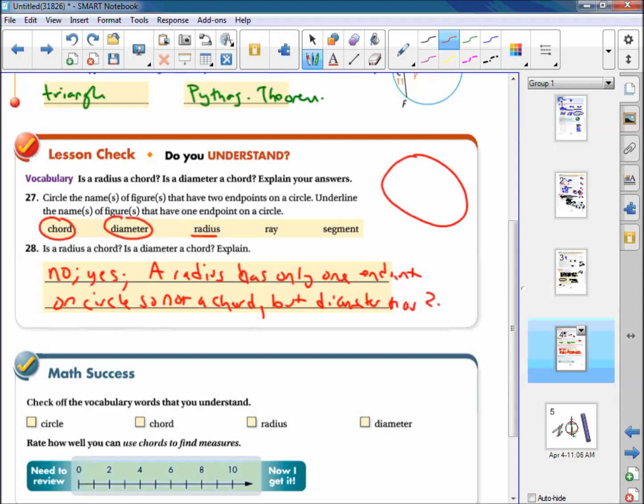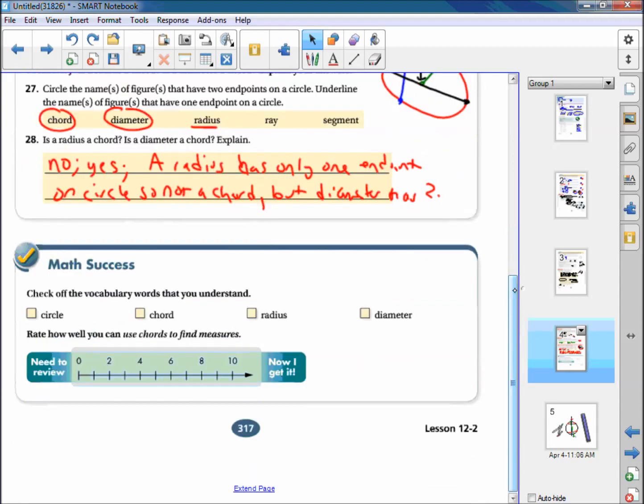Okay, so if we draw a circle, a radius has only 1 endpoint on the circle, whereas a chord is supposed to have 2, and a diameter is a special chord that has 2 endpoints on the circle, but also goes through the center. All right, so this concludes our notes for this section.